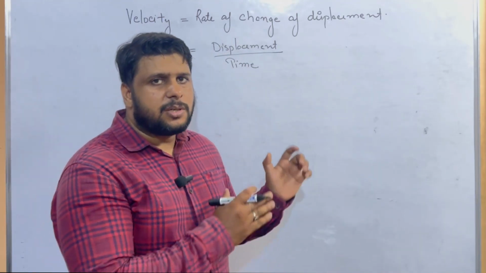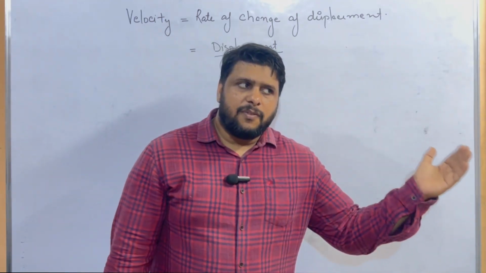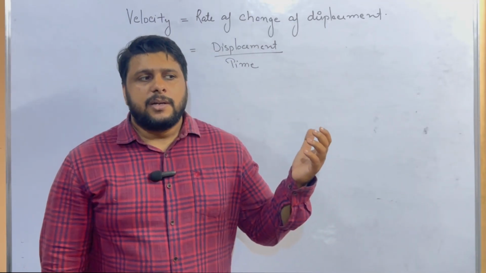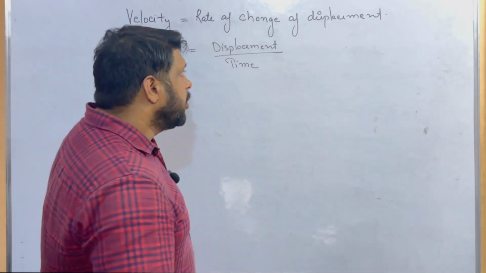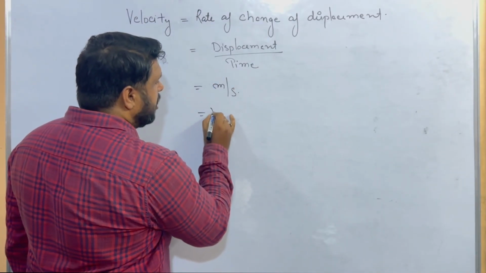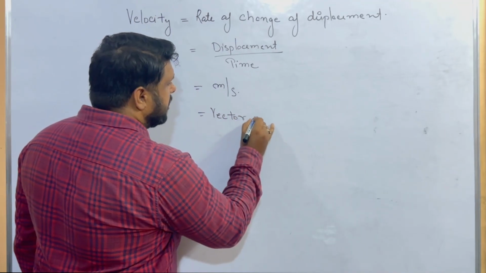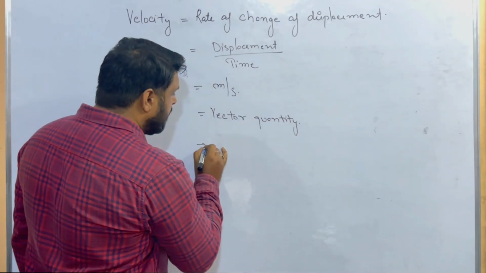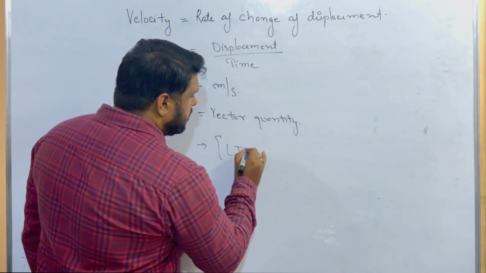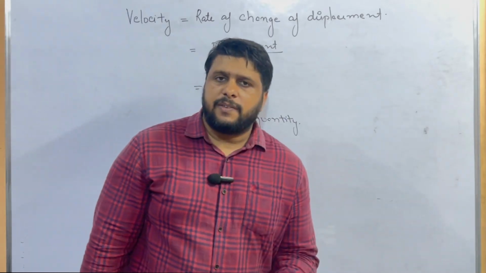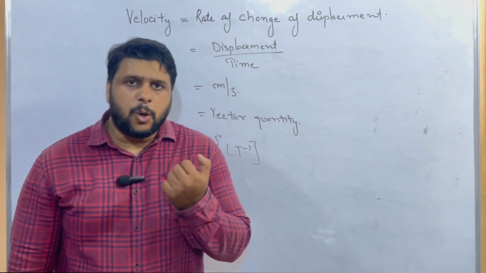Simple thing: in the first case we were considering distance, and in this case we are considering displacement. The unit stays the same, but it has become a vector quantity because it has direction, and the dimensions stay the same. These are the basics which you have read in class 9th also.